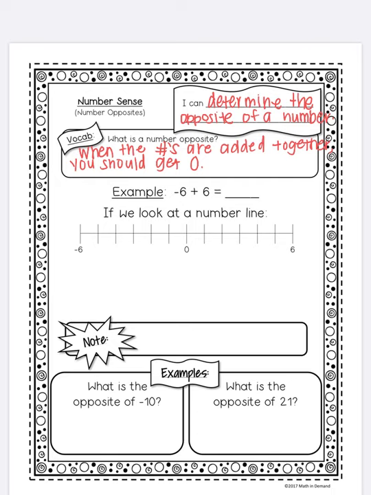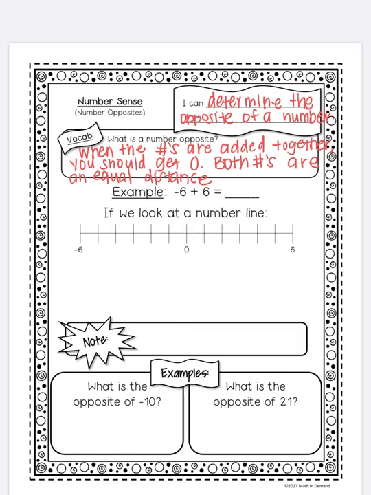In other words, both numbers are an equal distance from 0 on both sides of the number line.